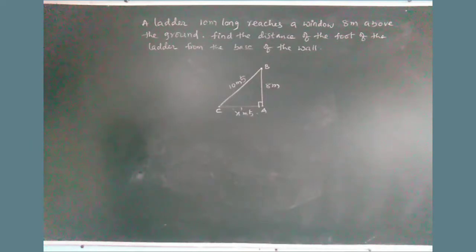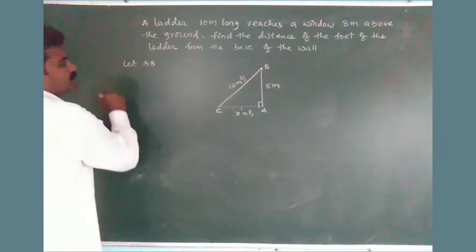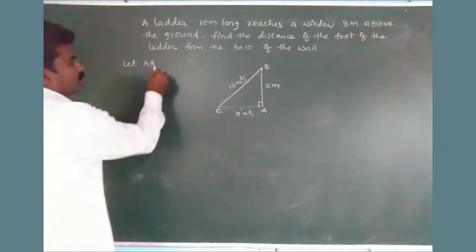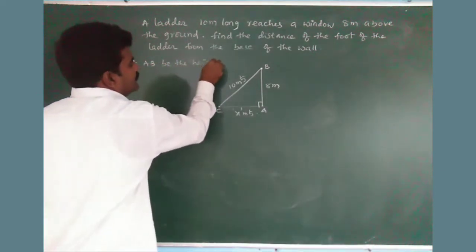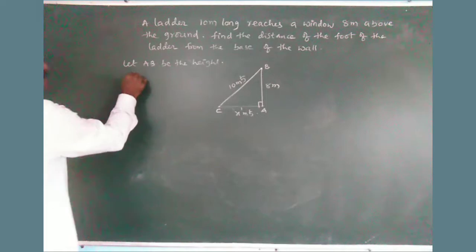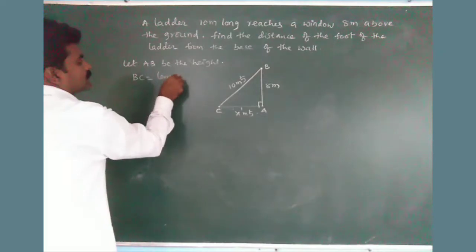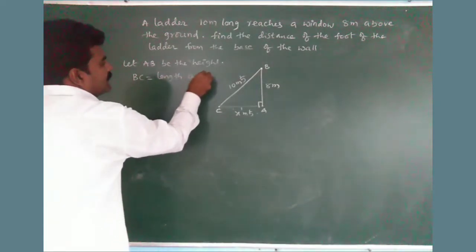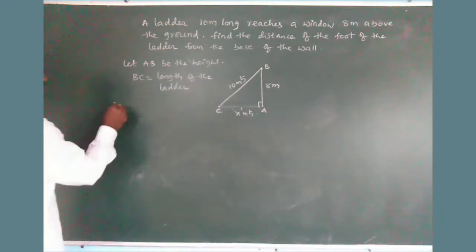So first of all, we need to write the details about your diagram. I mean, let AB be the height of the wall, and BC is the length of the ladder, which is 10 meters.